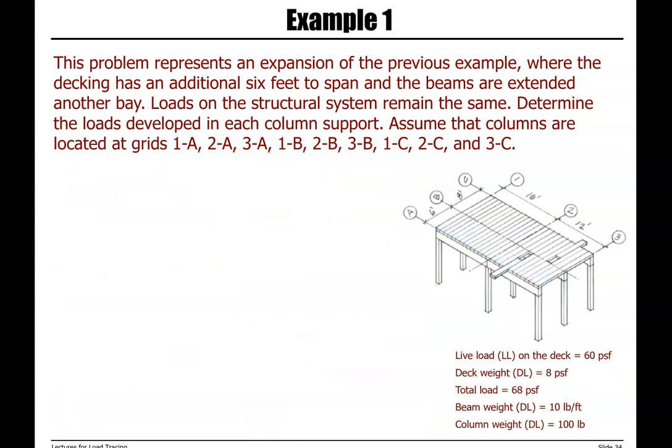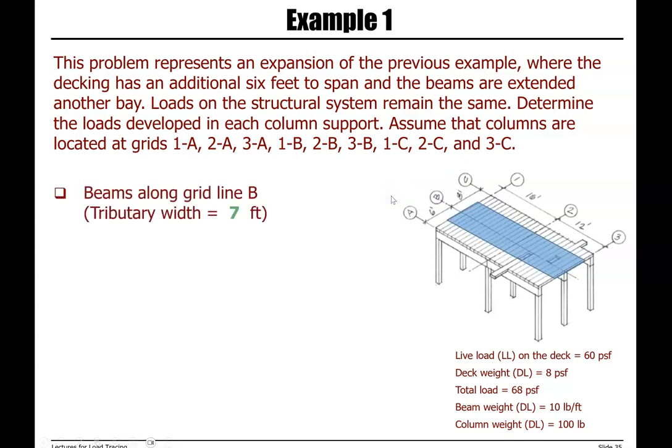Now we want to look at the beam along grid line B, and there are two adjacent members, A and C. So we need to look at half of the distance between A and B and half of the distance between B and C. So again, we are looking at beam B now.